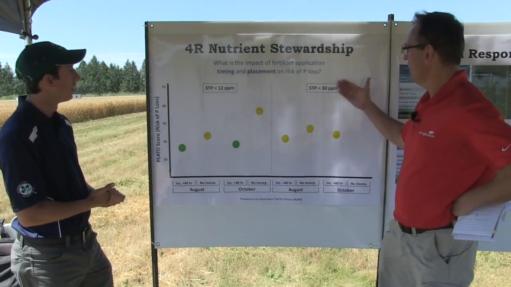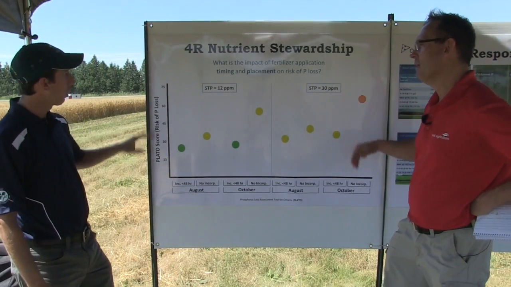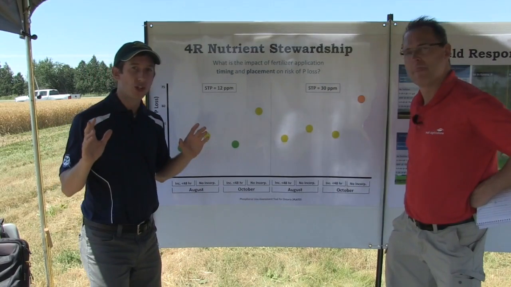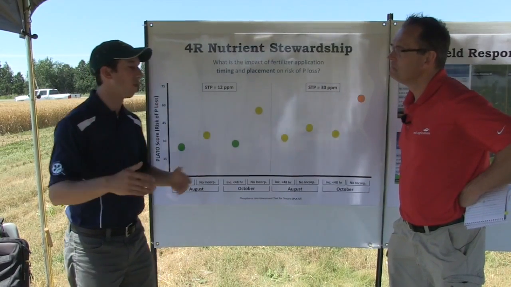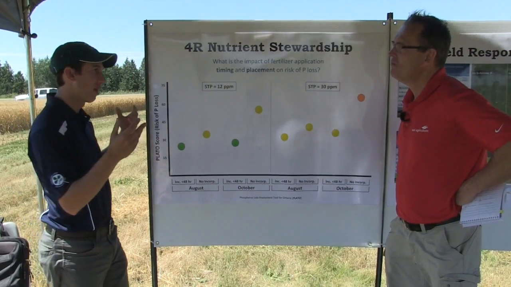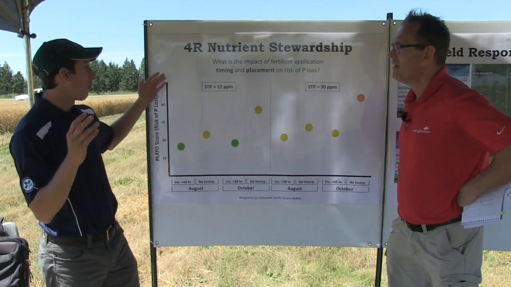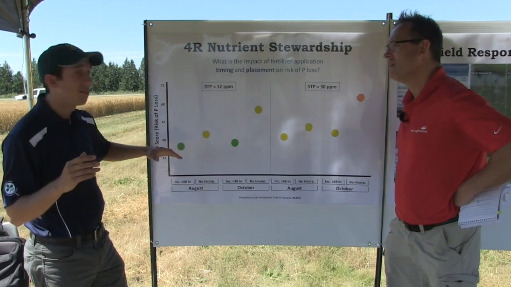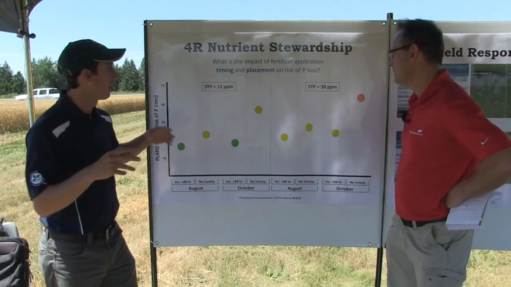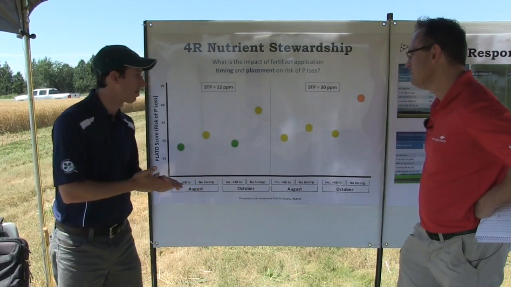Right. Now, how does the story change a little bit at 30 parts per million? Okay, remember that we're talking about a soil with moderate erosion risk. Whenever we've got soil moving, we have phosphorus moving with it. That's been the old story. What we're seeing here is that all the levels are elevated just slightly at a soil test level of 30 parts per million.